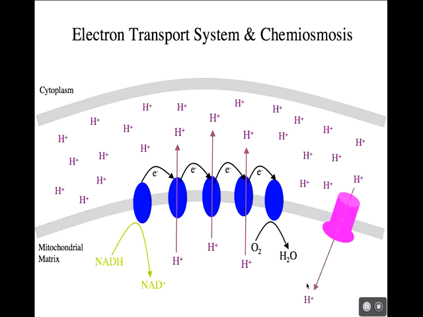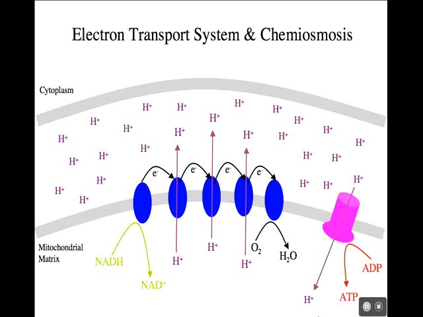What happens is, as those protons go, and they want to go because of proton motive force, as the protons move through ATP synthase, it uses that energy to make ATP from ADP. So it's actually the proton motive force that's running the production of ATP.